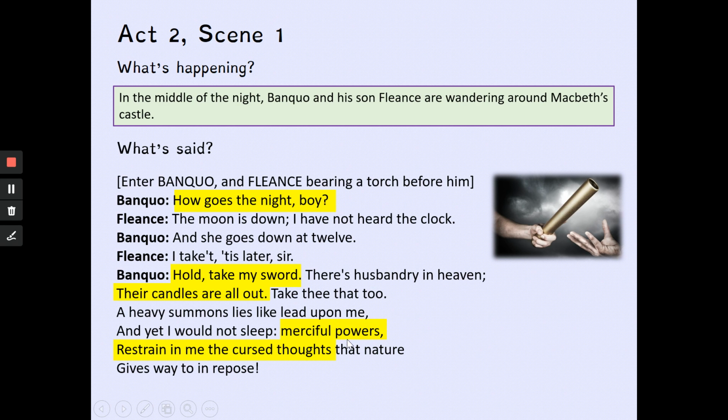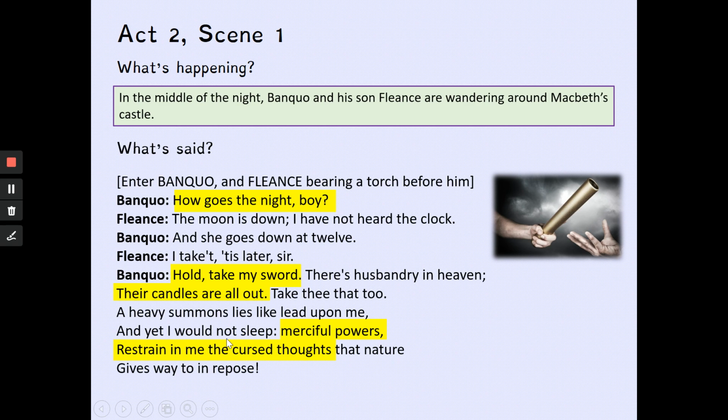It's the witches that Macbeth has succumbed to. In Banquo's case, his powers, we think, are probably his powers of conscience. So C-O-N, science, conscience, knowing the difference between right and wrong. And he asks his conscience to restrain him in the cursed thoughts.